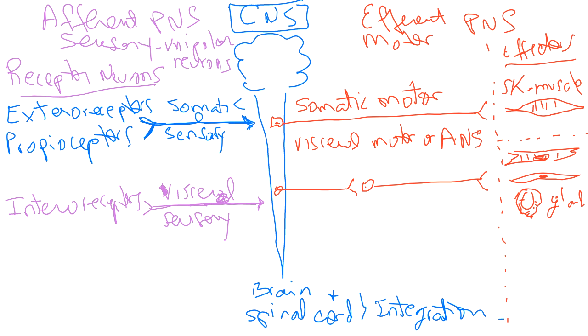And in this case, there are going to be two types of divisions of the ANS, which are going to be the sympathetic and the parasympathetic.